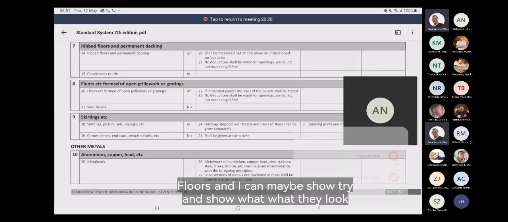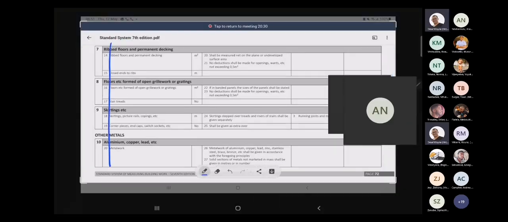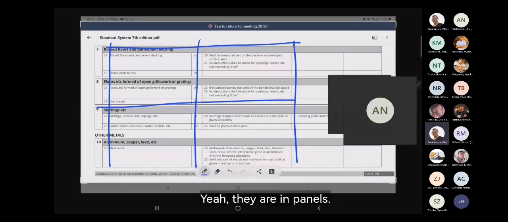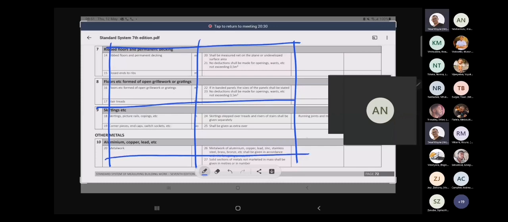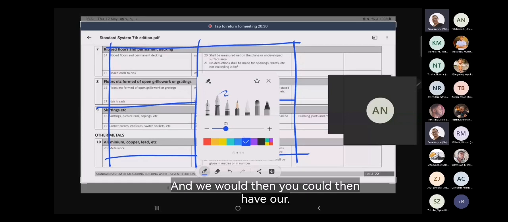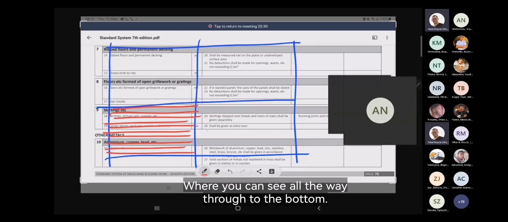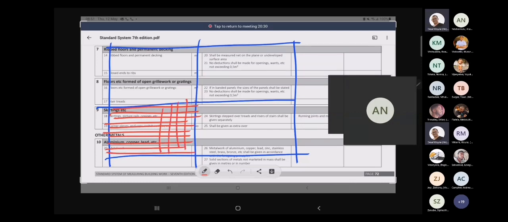When we have this Rector grid floors, I can maybe try and show what they look like. Sometimes we have them in panels. And this would be the floor structure, and we could then have our gratings in panels here. And you can see all the way through to the bottom what is happening.